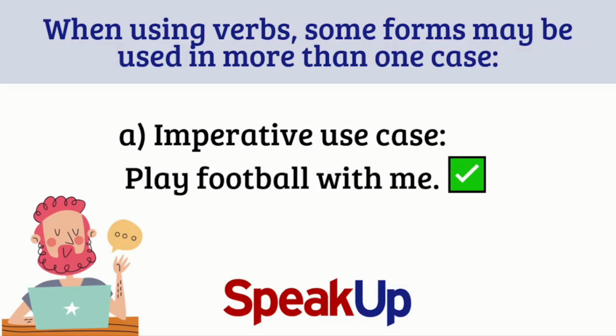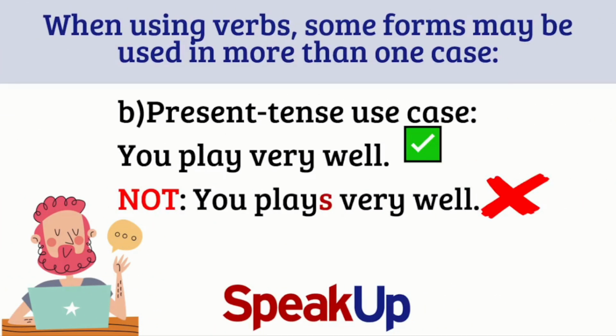Do not use an S for the imperative cases. Now, letter B, present tense use case. Look at this one. You play very well. So this is the correct alternative for the person you, not you plays very well. Many people commit this mistake.